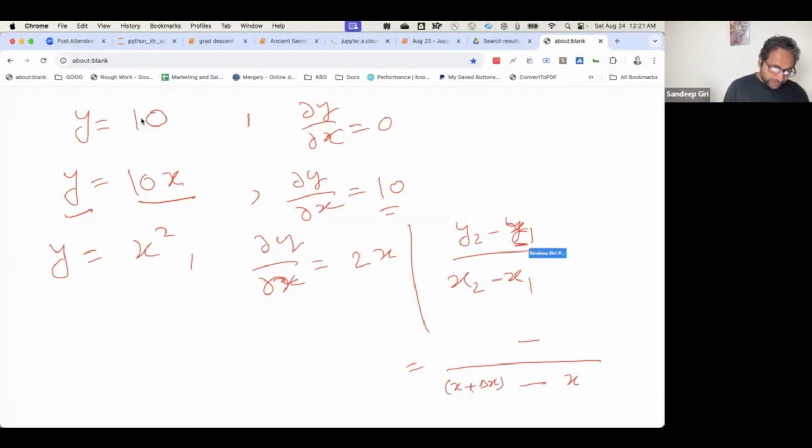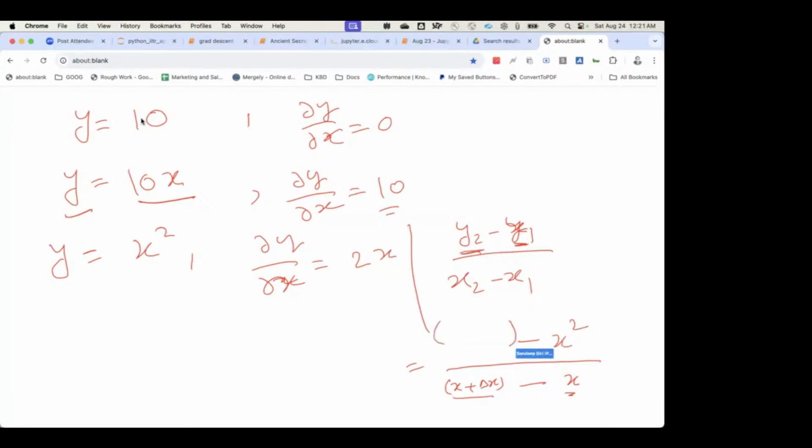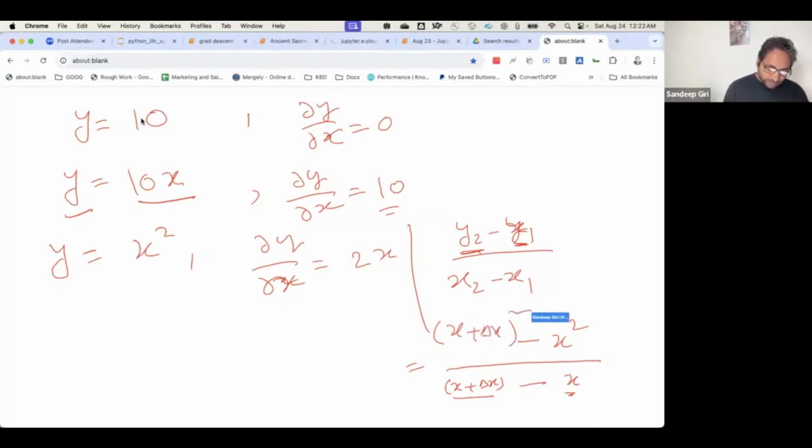In the numerator, how much is y at x? x square. How much is y at x plus delta x? X plus delta x, the whole square. Let's expand it. The numerator turns into 2x delta x plus delta x square, and the denominator is delta x. Delta x cancels out.